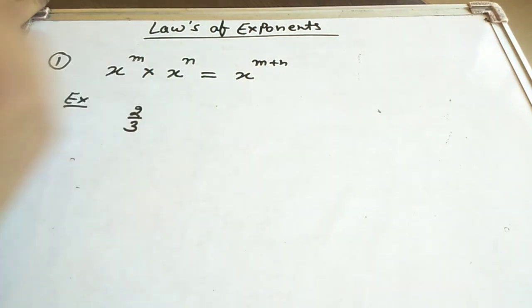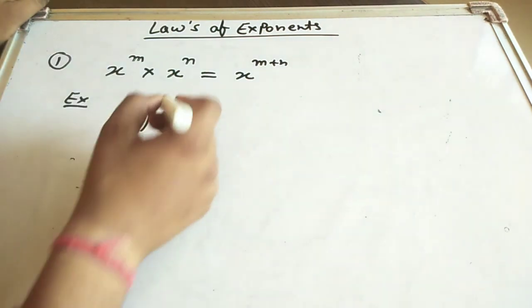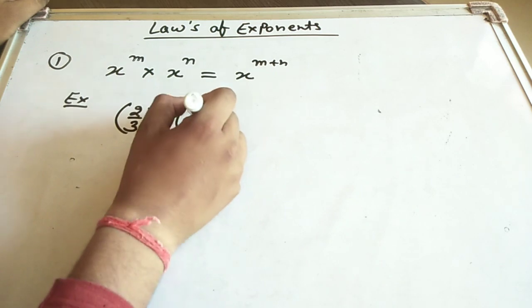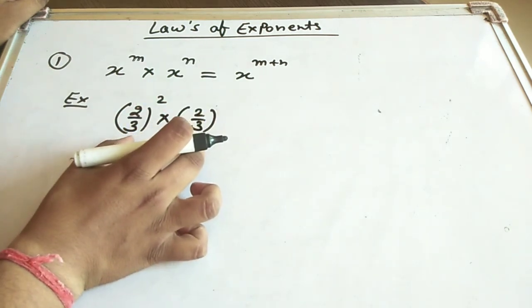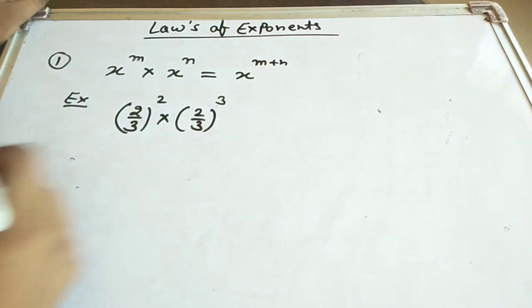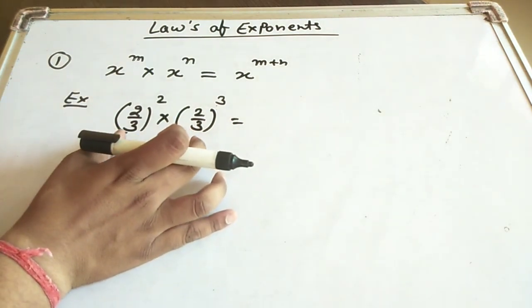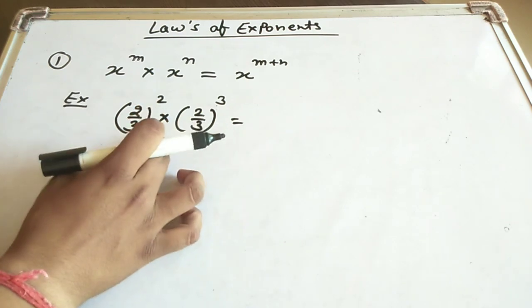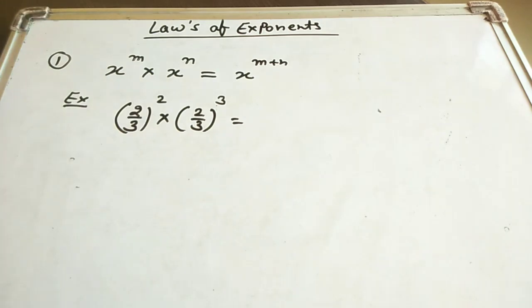2 by 3 is the base and the power is 2. Multiply by 2 by 3 to the power 3, because the base should be the same. Okay. So when the same bases are multiplied, then the exponents of the base will be added.